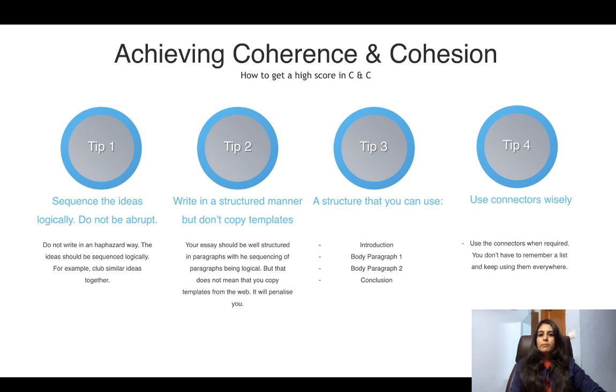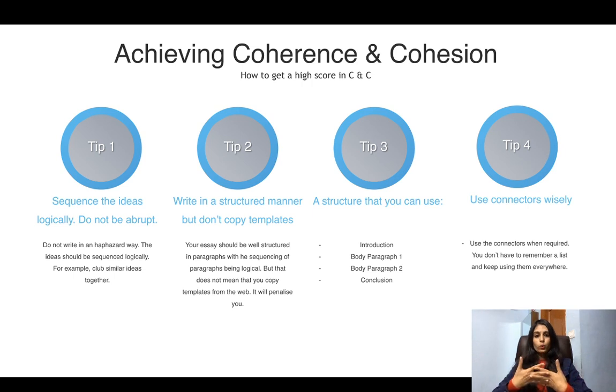Okay, so tip 1 to increase your band scores in coherence and cohesion is that the sequencing of ideas should be logical. This is something that a lot of people ignore. You need to club together the similar ideas. For example, the question is about advantages and disadvantages. Now, if you write one advantage, then one disadvantage, then again one advantage and one disadvantage, it simply is haphazard. It's not conveying anything properly.